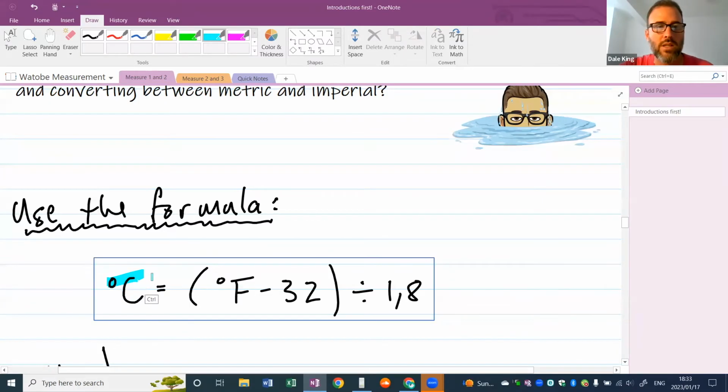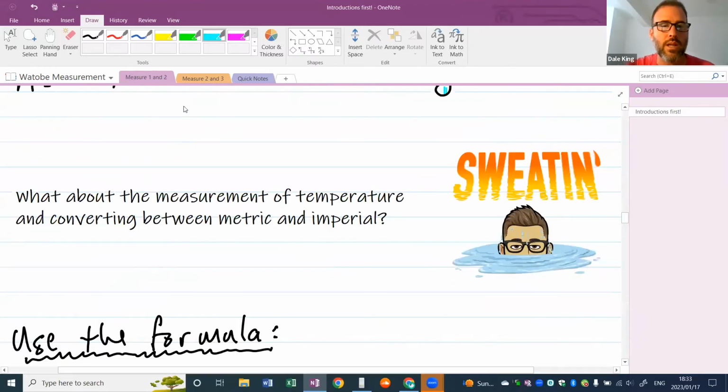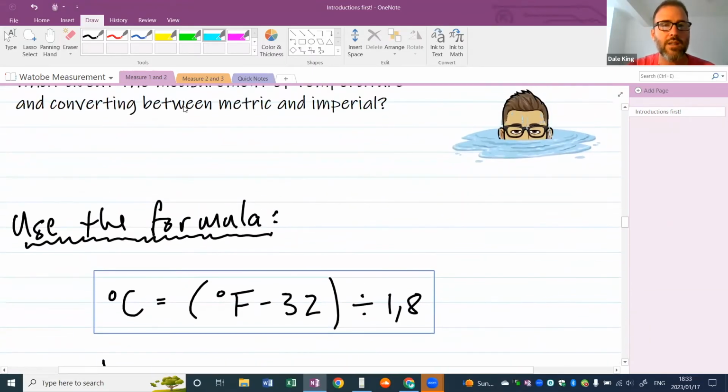But to get to the degrees Celsius, we need to put in Fahrenheit. And where do we put the value for Fahrenheit in? This is the place in the formula. You see that capital F with a little degree symbol, that's the Fahrenheit symbol. So that's where we're going to put our Fahrenheit value. We're going to put the Fahrenheit value in here, and we're going to get our answer for degrees Celsius out over here.